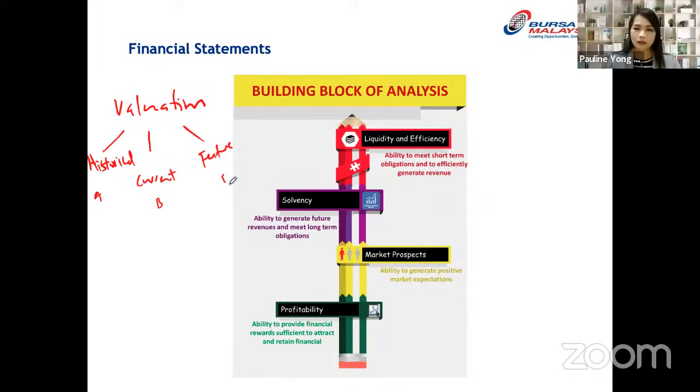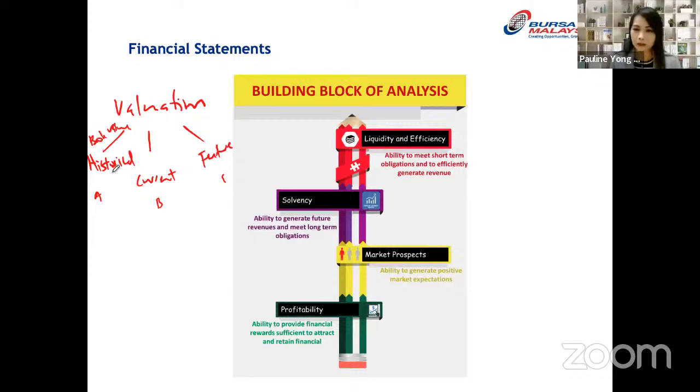So I can see the audience are very knowledgeable, so I do not have to explain too much on the simple stuff. Then I can talk a bit more advanced. Here we are looking at the historical. One way to look at it is the book value, which is the net tangible asset.